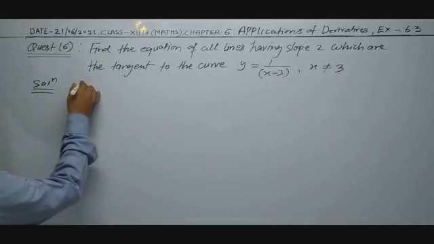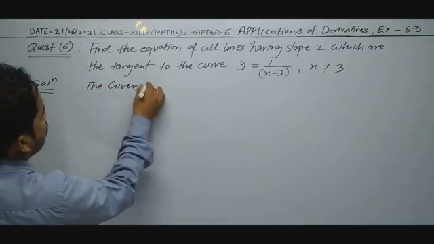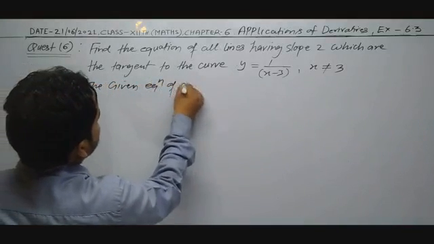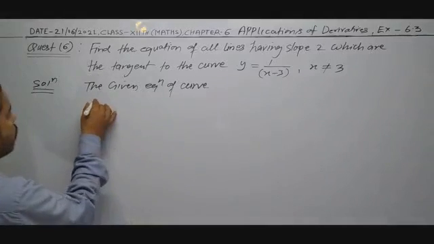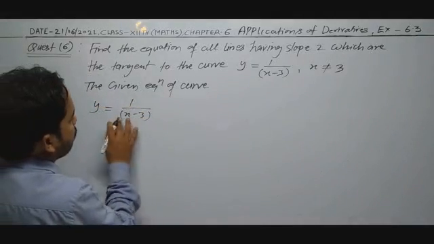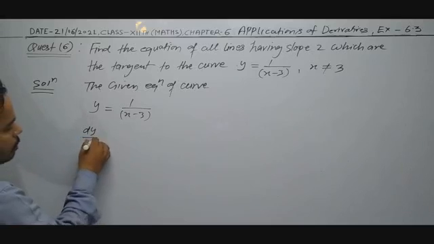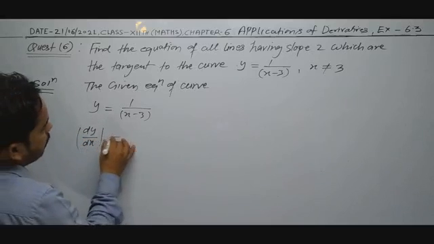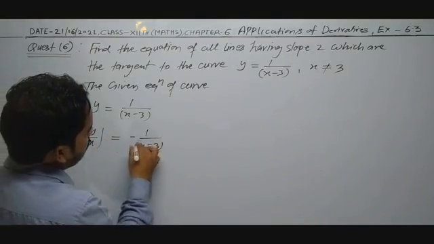Given equation of curve, y is equal to 1 upon x minus 3, and when you differentiate, its derivative is minus 1 upon x minus 3 whole square.